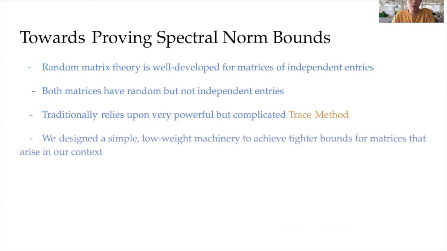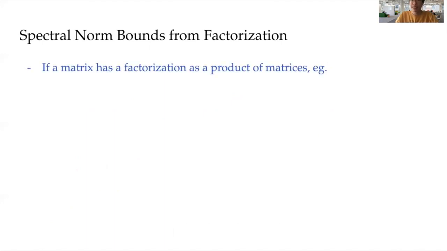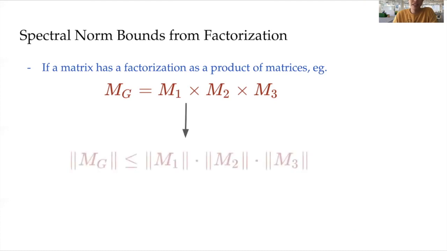In our work, we get rid of the trace method by designing a simple machinery that achieves tighter bounds for matrices that arise in our setting. This relies upon a crucial but simple observation: if we know that a matrix can be written as a product of matrices, for example, if Mg equals M1 times M2 times M3, then we can just upper bound the largest eigenvalue of Mg by the product of the spectral norms of the individual matrices.